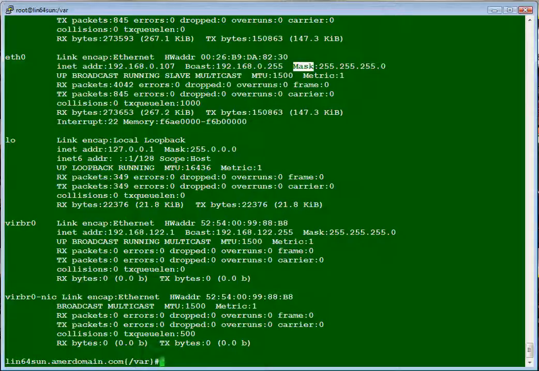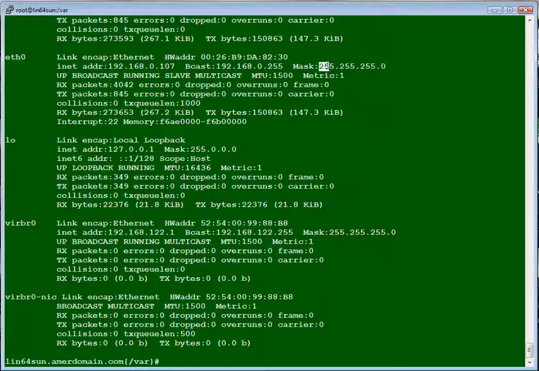The mask is called the netmask, and it's 255.255.255.0. That means it's a class C network. If it ends in .0, it's a class C network. If the last two are 0.0 and the first two are 255.255, that means it's a class B network.